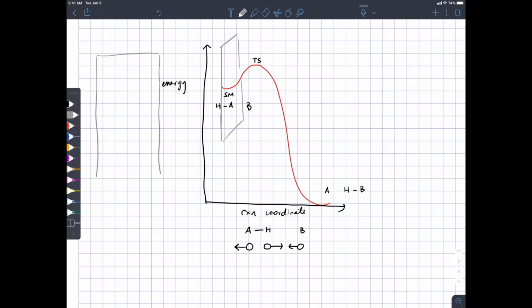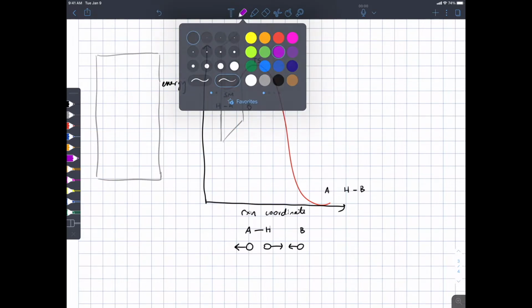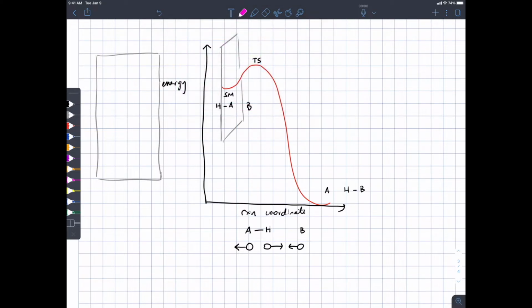I'm going to use maybe blue, no, purple, no. I don't know what we should use. Pink for the potential energy well at the starting material. So from our perspective, this is not the reaction coordinate.